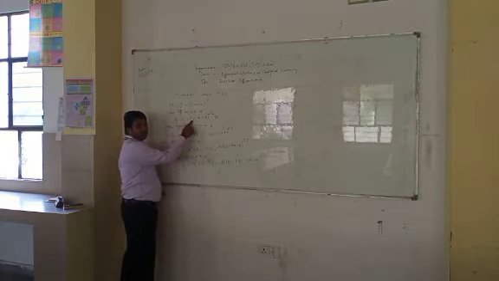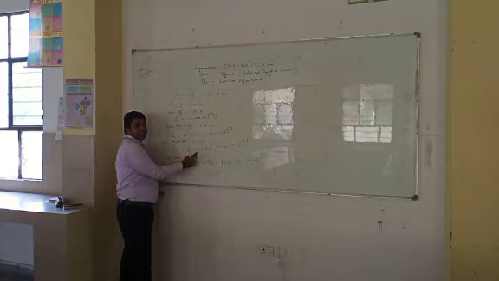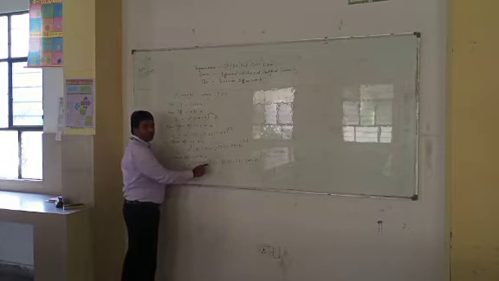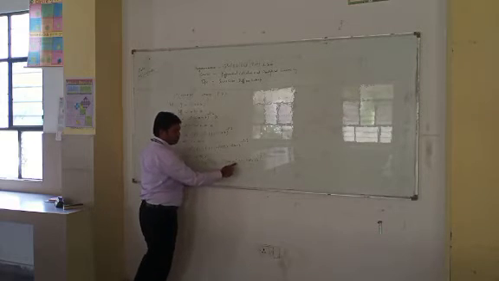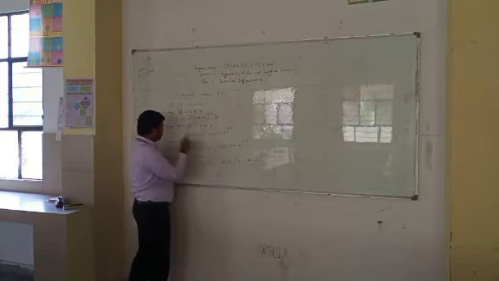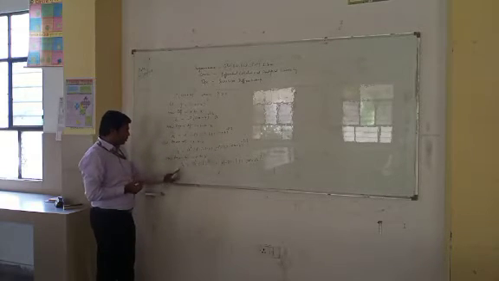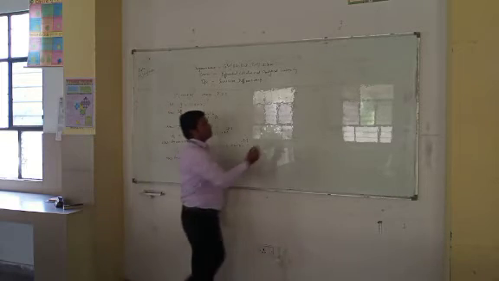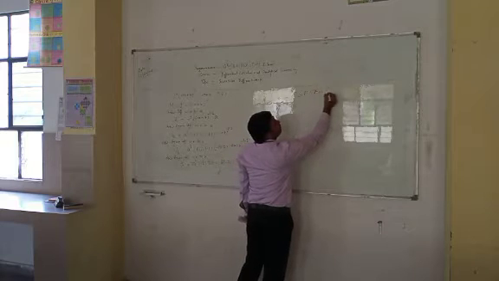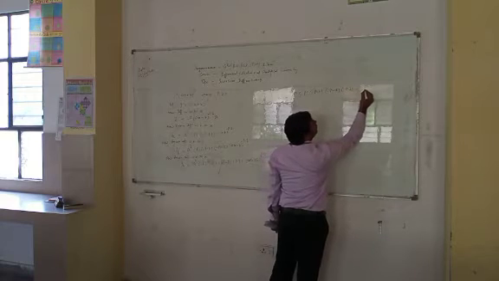Now y1 is minus b, y2 is minus b minus 1, y3 is minus b minus 1 minus b minus 2, and y4 is minus b minus 1 minus b minus 2 minus b minus 3. 4 then 3, 3 means 2, 2 means 1, decreasing by 1, the next term is decreasing by 1, so yn can be written as minus b minus 1 minus b minus 2 minus b minus 3 and so on.